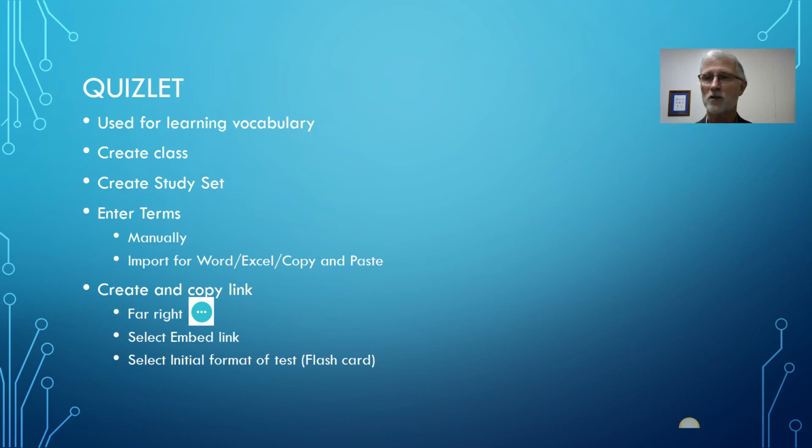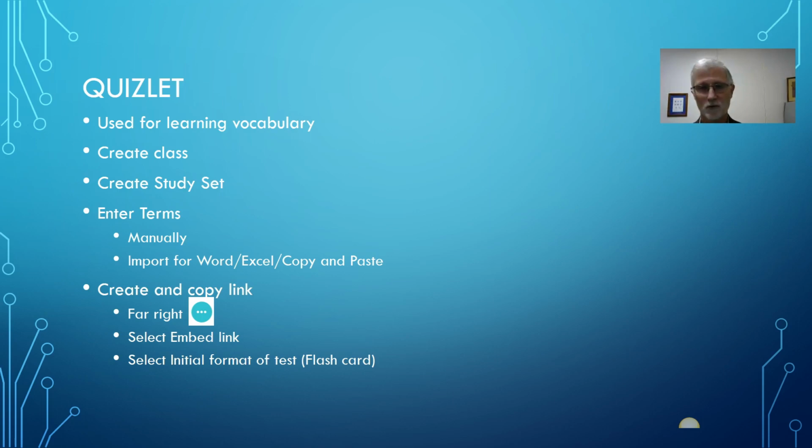Now, once you've got your study set, you can do a couple of different things. One, if you've allowed students to join your Quizlet class, and you can do that. I usually import it to Moodle, so all I want is to get a link to this data file.